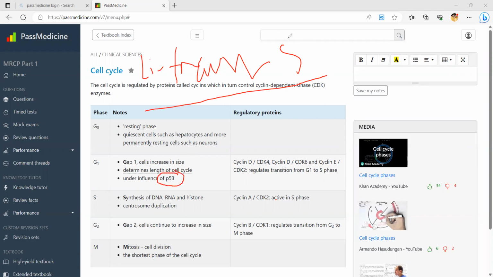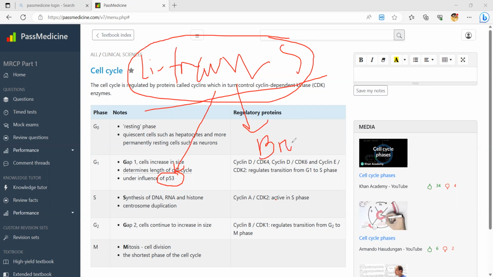That means there is a mutation in the P53 gene, and in this condition there is a chance of developing some carcinoma. What kind of carcinoma? Breast carcinoma. So family members have this kind of risk of developing breast carcinoma. Another one, soft tissue sarcoma.